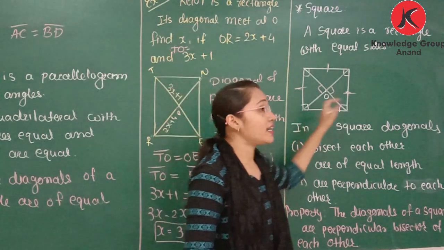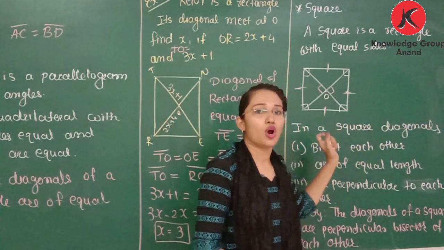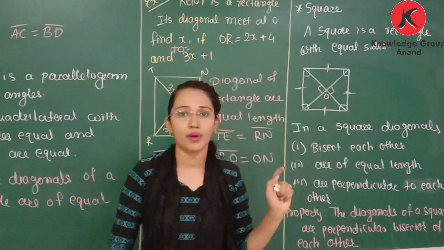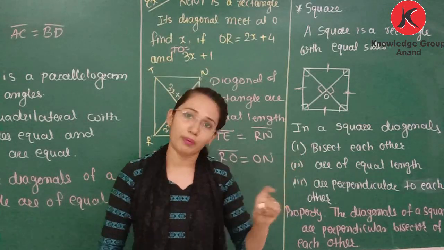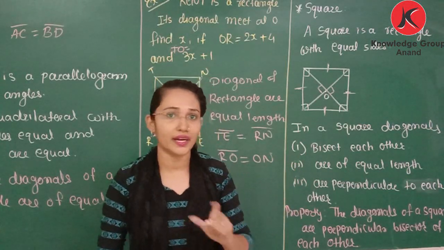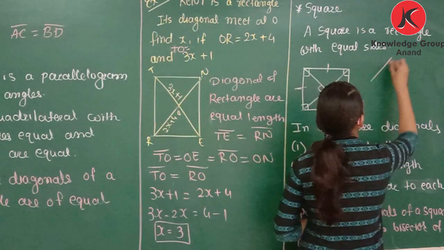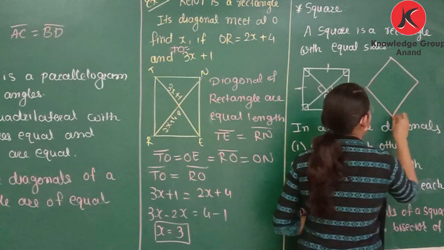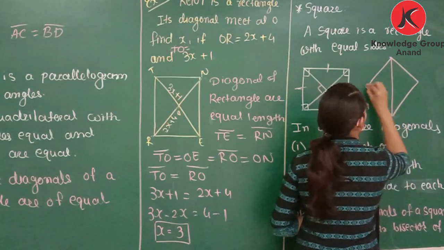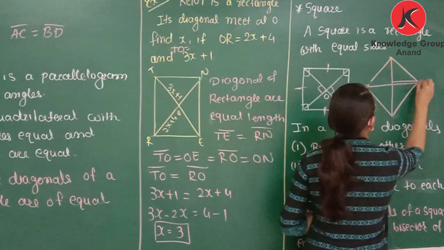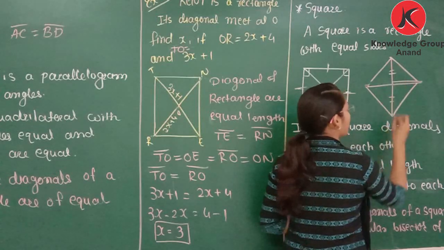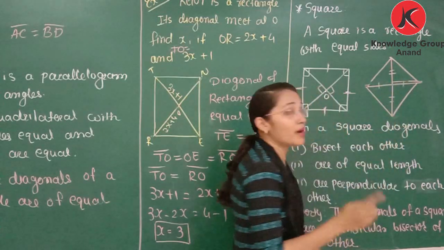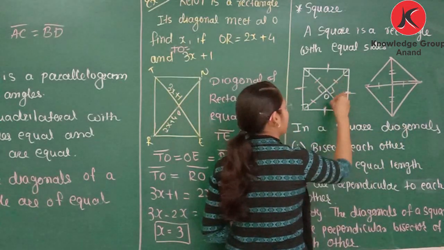Same, square is a rhombus, but rhombus is not a square. Why? Because in a rhombus diagonals are perpendicular bisectors of each other, but if you bisect the diagonals, for example this is a rhombus, then this part will be same and this part will be same, but in a square all these parts are same.